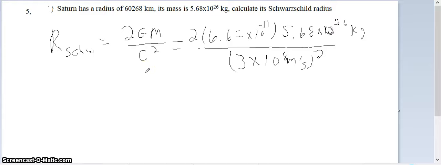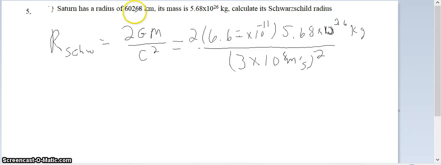It is accurate, but just keep in mind, Saturn is not such an object that will ever become a black hole. There's nothing that can crush it down to this size. Anyhow, if there were something to crush it down, how big would that thing have to be? What would be the radius if you could somehow crush this incredible mass down?